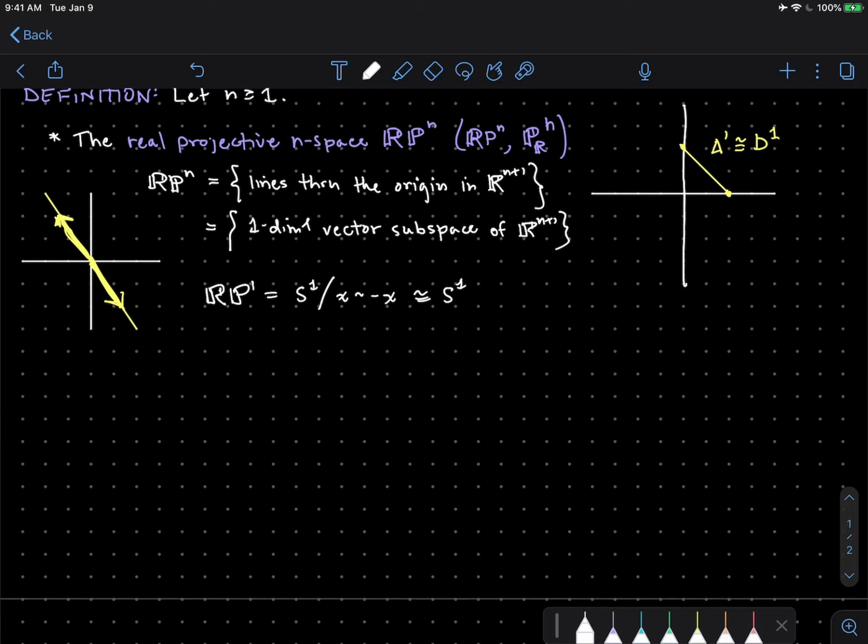Next up, we have complex projective n space.